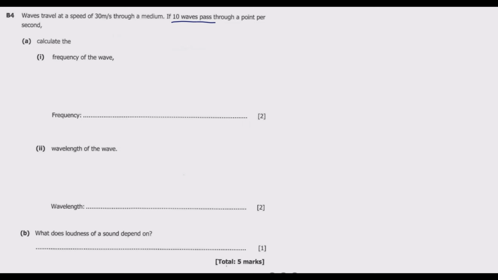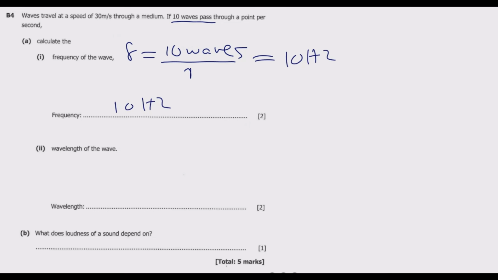So this will give us 10 waves, which is frequency, per the time. So the time here is per second, which is 1. So this becomes 10 Hz. So 10 Hz is the frequency.